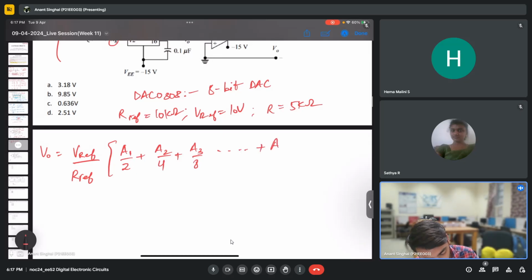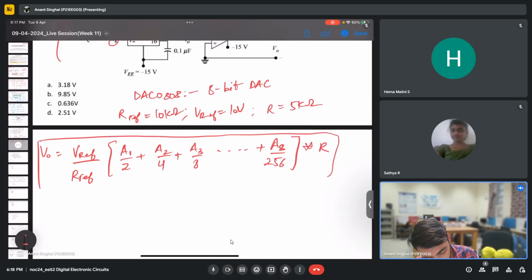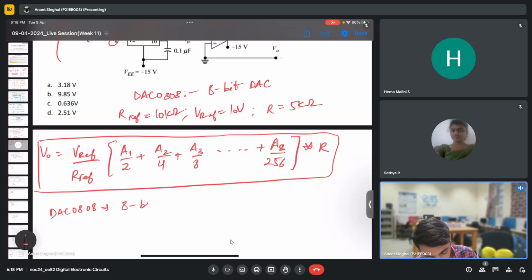It goes to the 8th bit, A8, which is divided by 2 raised to the power 8, and this whole thing gets multiplied by R. This is the formula to solve any DAC 0808 question, which is nothing but an 8-bit DAC. The formula is the same as the previous case. It is just that the 8-bit DAC is also called by this IC number, DAC 0808.